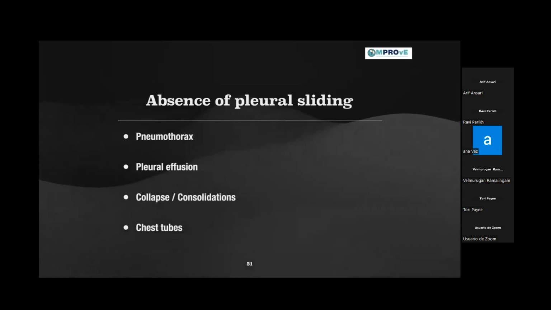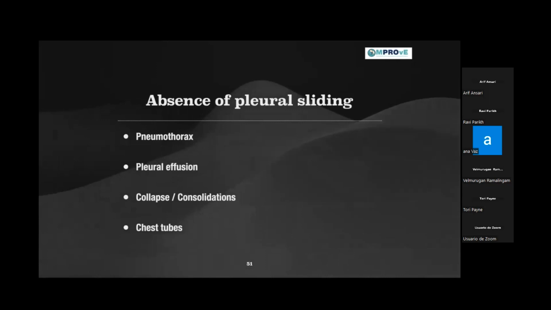Basically, there will not be movement of air in and out. Is it going to move? Well, if it is not severe enough, it might move, but there will be decrease in pleural sliding. If it is severe enough, or if it is a collapse, of course, there's no in and out movement of the air. So there will be no pleural sliding. There's no movement of the visceral pleura, so you lose pleural sliding.